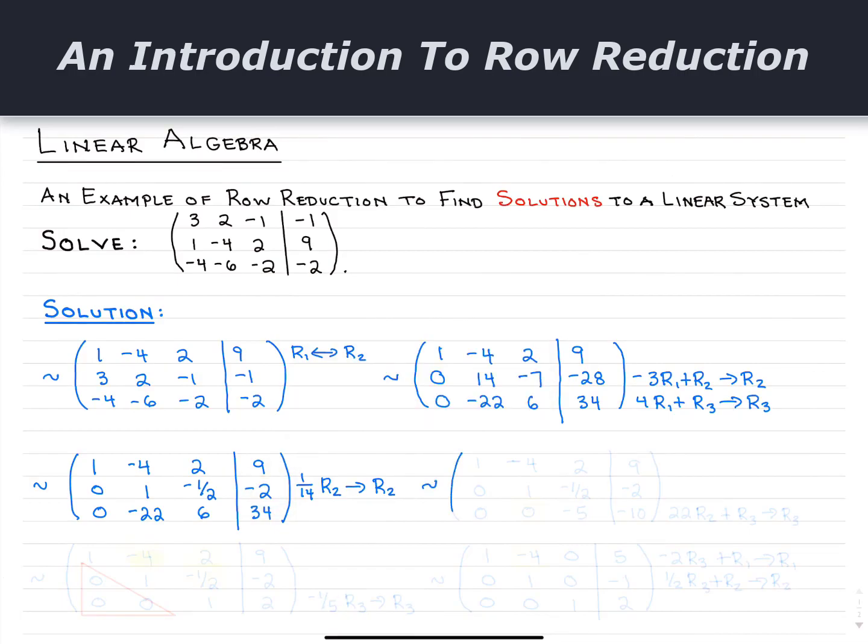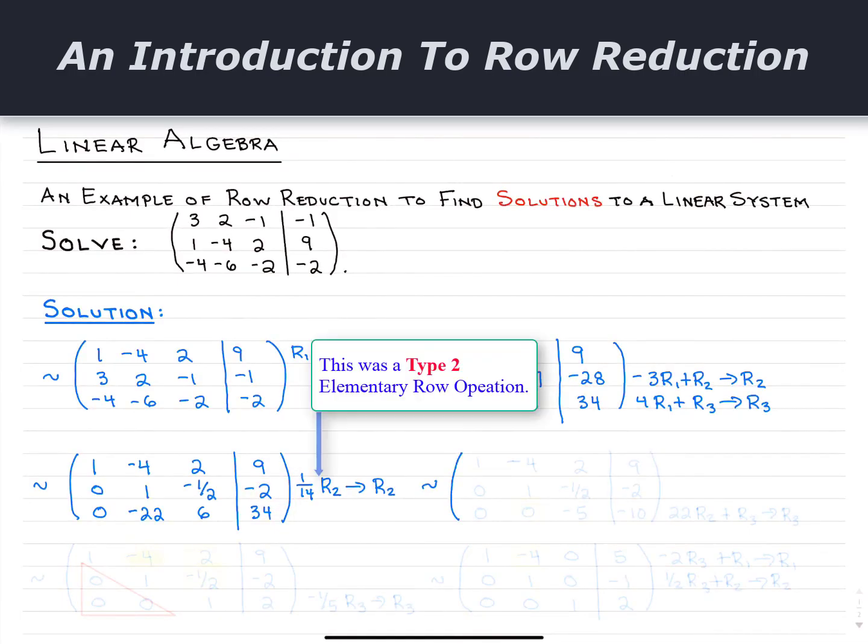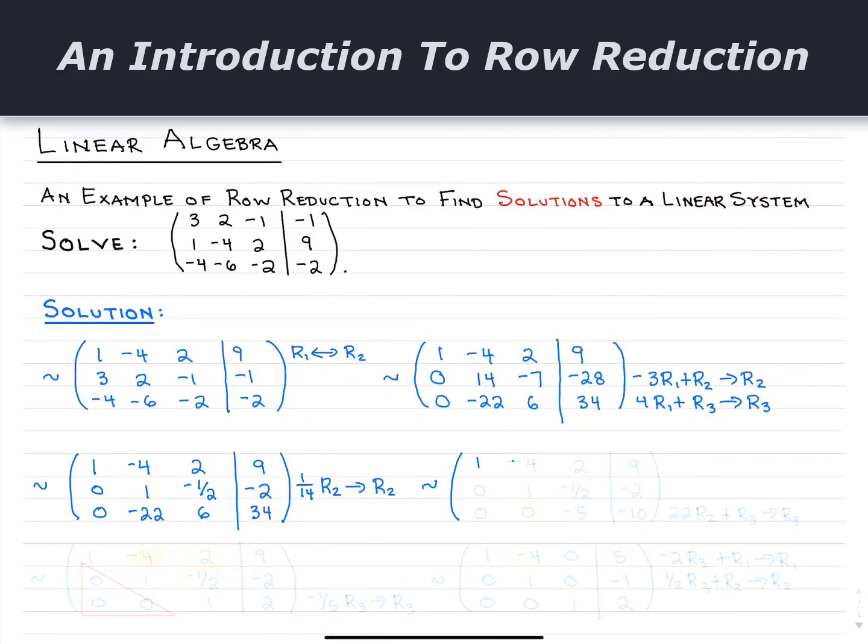Okay. And you see, when you have a 1 as a leading entry, those are very easy to deal with in terms of the decision-making process in the row reduction. It makes the decisions easy. Perhaps not the arithmetic, but it makes the decisions easy. What decision am I referring to?